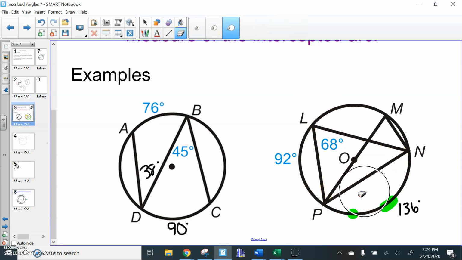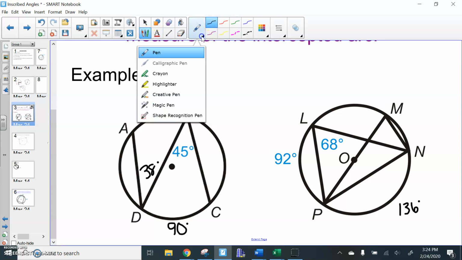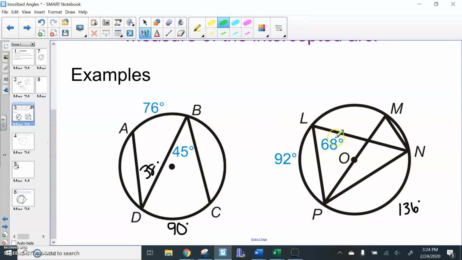Now let's look at this arc right here from L to P, which is 92 degrees. Let me highlight here. So L to P is 92 degrees, which means this is the angle that we're looking for. So LNP is the angle we're looking for.